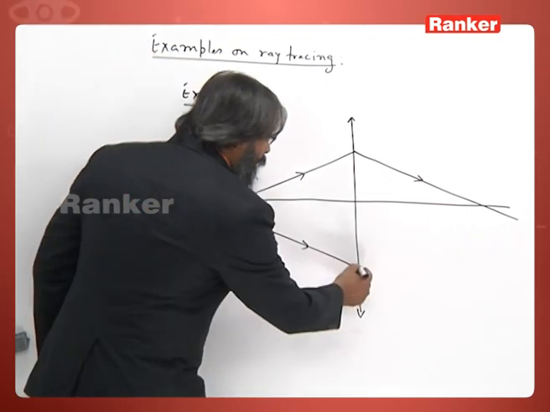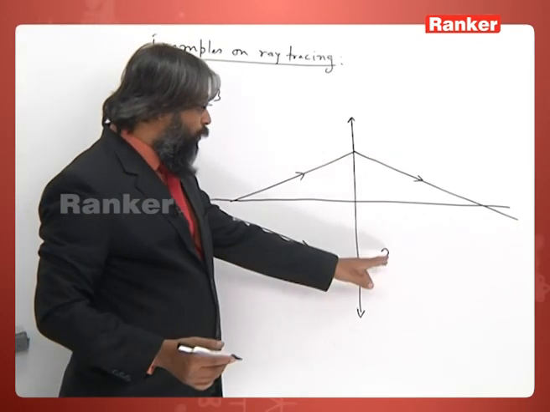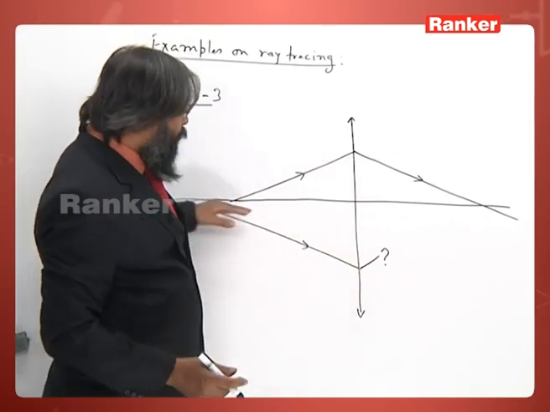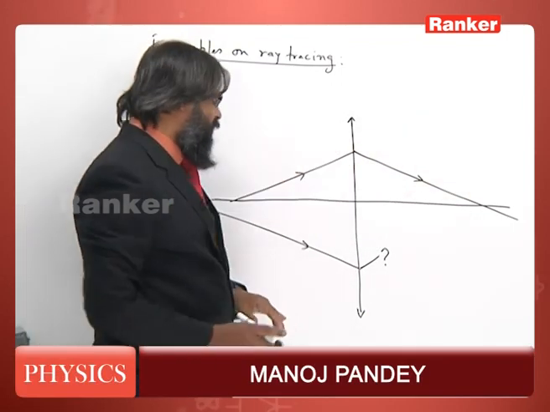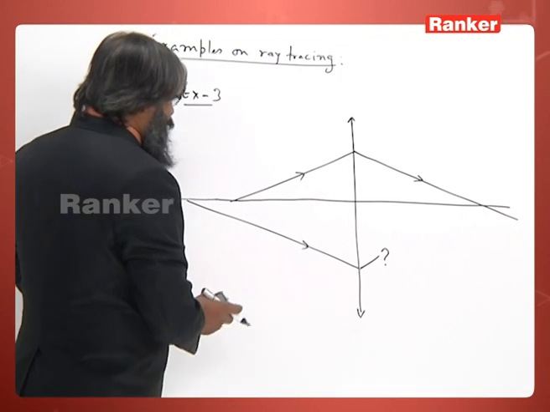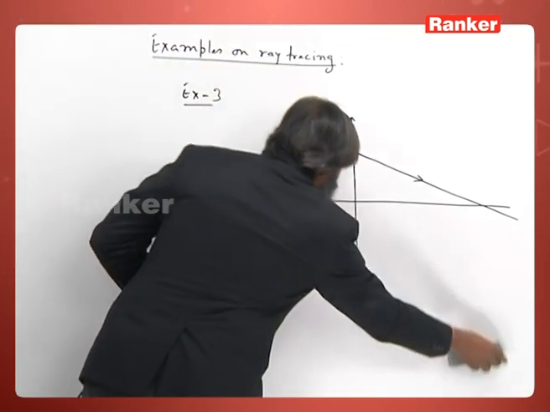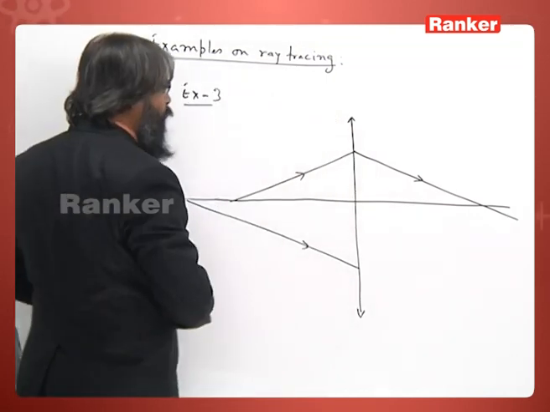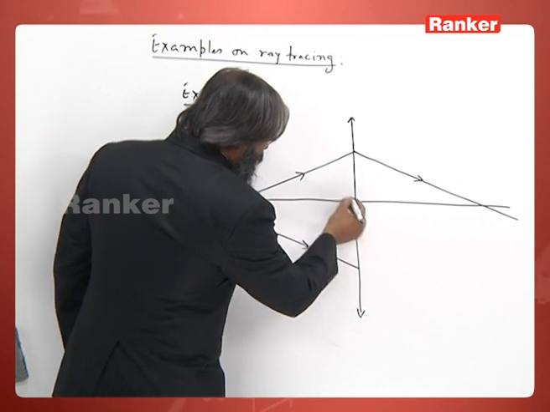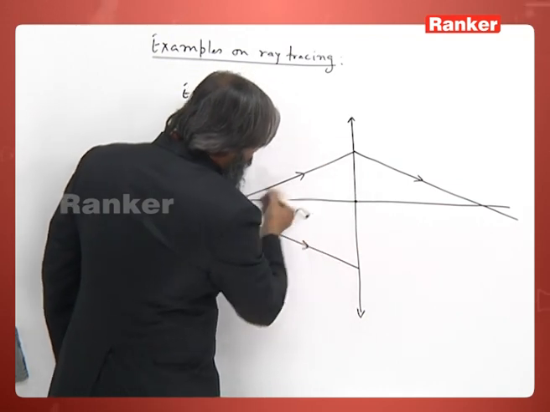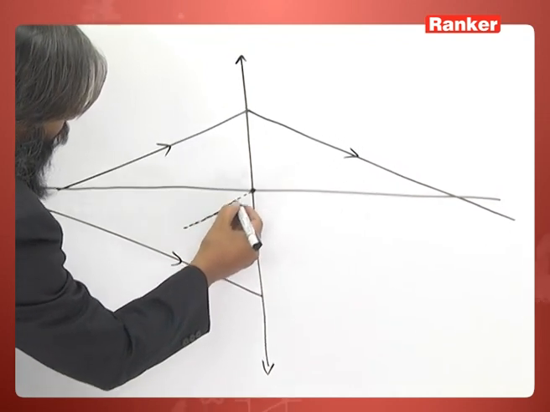We have to construct geometrically how this ray is going to refract from this lens. What we have to do is, first we have to determine where the focus, the focal plane, is. So from this optical center I draw a line parallel to this. This line is parallel to this.